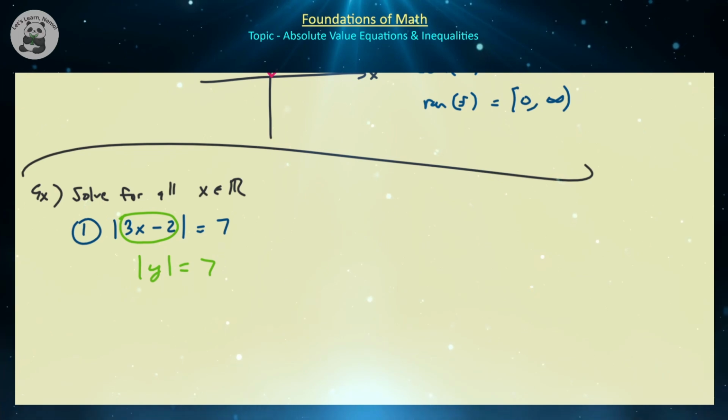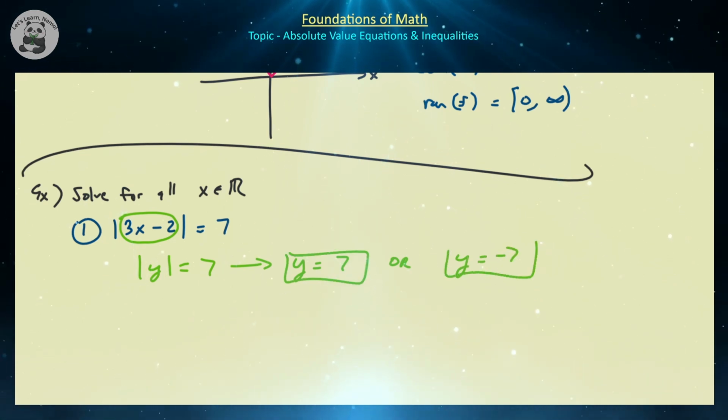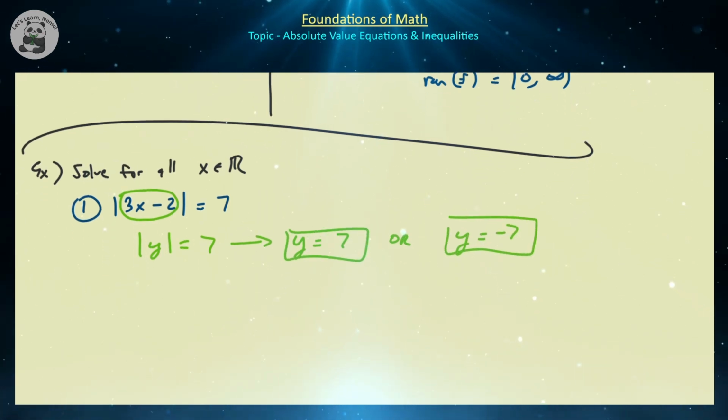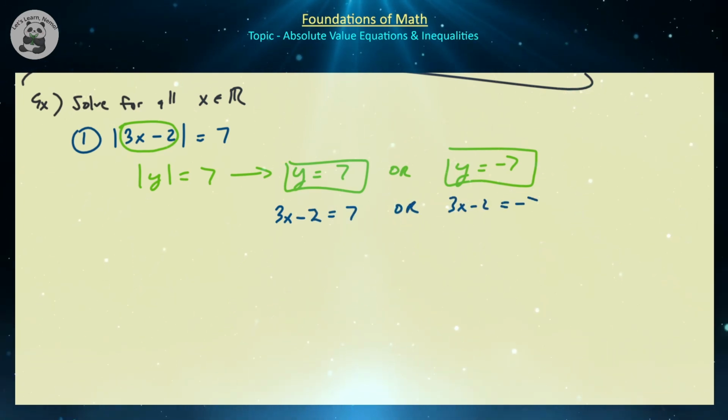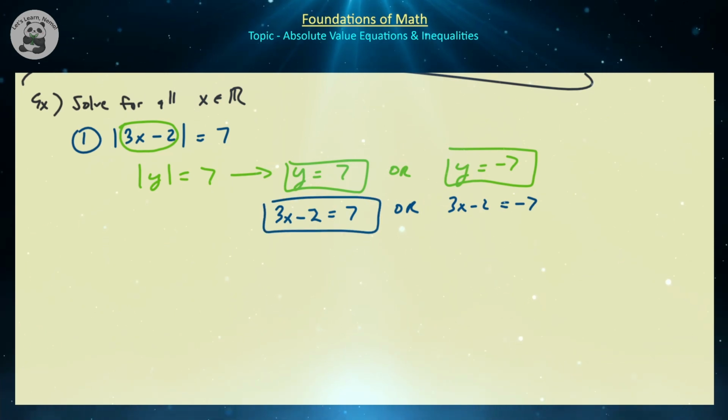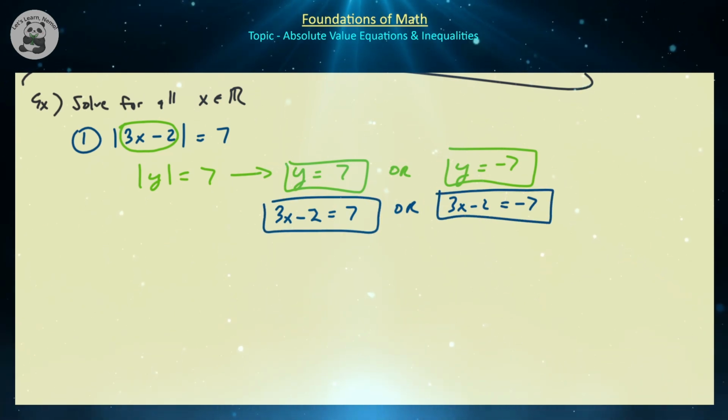So we already know how to solve this particular type of equation because that's going to be either y is equal to 7 or y is equal to minus 7. But keep in mind we did not start off with any y's in our equation, so we would have to switch back into our original variable. So that's going to be either 3x minus 2 is equal to 7 or 3x minus 2 is equal to minus 7, which are two different linear equations.